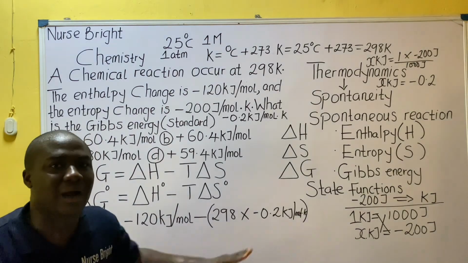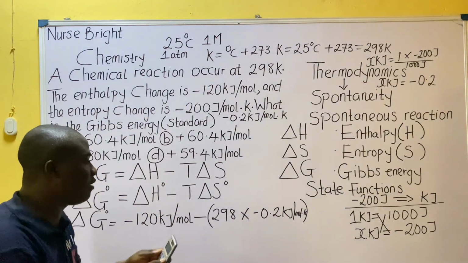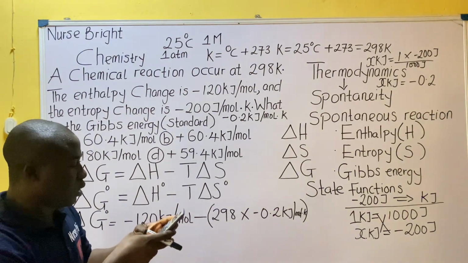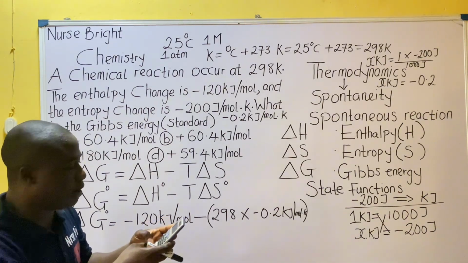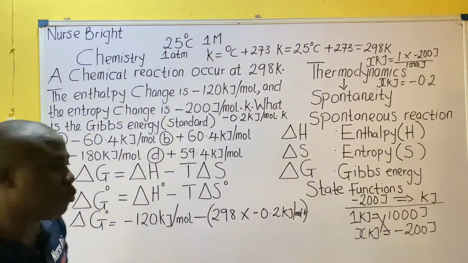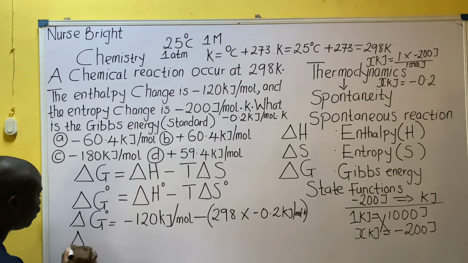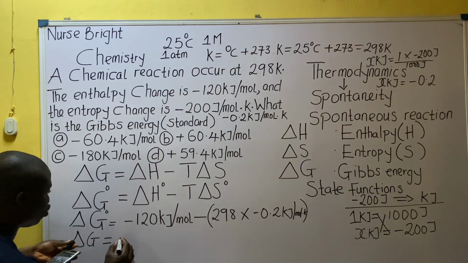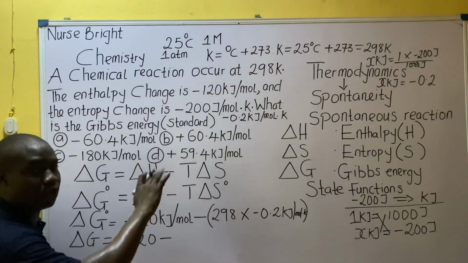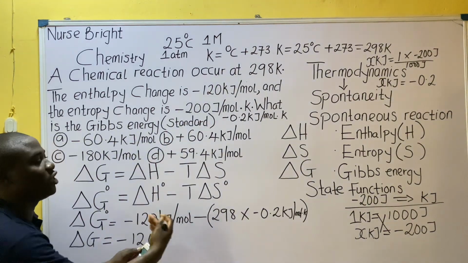So let's input the parameters in our calculator carefully. Let's solve for the bracket first. So it's going to be 298, alright, times minus 0.2, that is minus 59.6. So delta G is now equal to minus 120 minus, I just removed the units, just leave that alone, insofar as you can see that we've ensured that we are in the same unit.